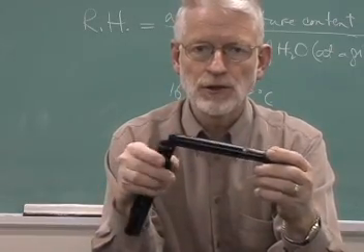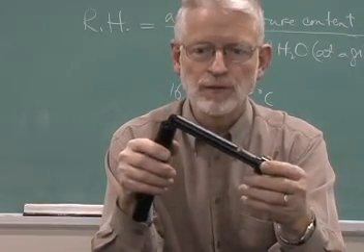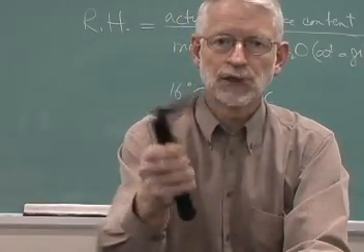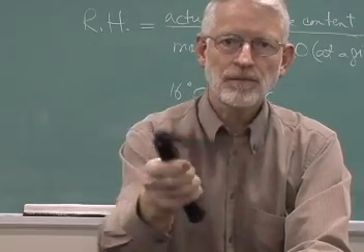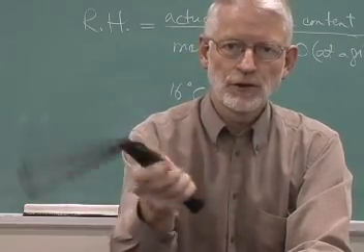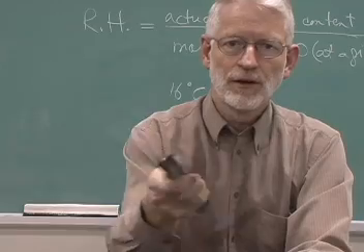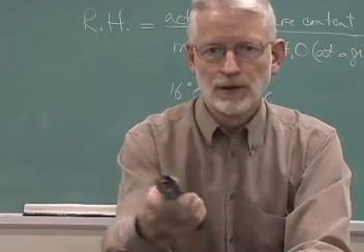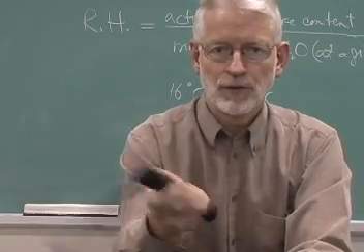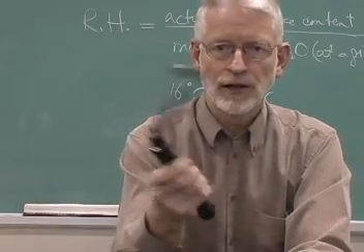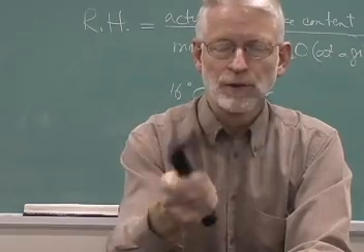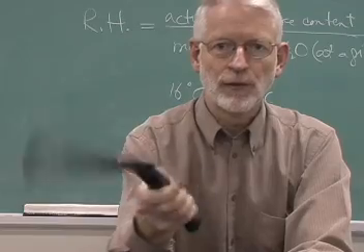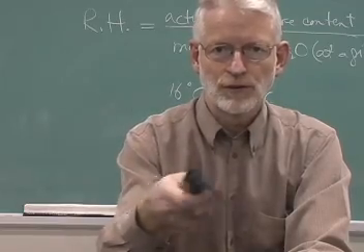And the way you use this is, just as the name implies, you sling it. So you twirl it around like this. And as you twirl it around, the moisture will again evaporate from the wet bulb, the wick, causing a cooling effect, whereas the dry bulb is not affected by twirling it in the air, and hence it remains the same temperature throughout.